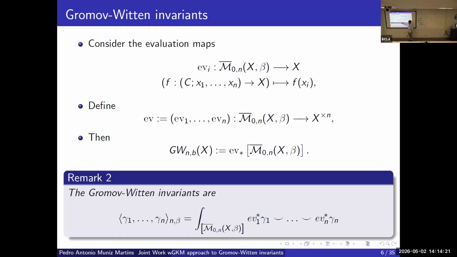Then this Gromov-Witten class is just the push forward of the virtual fundamental class that I showed you earlier. In this way, we can recover the usual definition of Gromov-Witten theory that you have in a lot of books. It's just the integral over this fundamental class, where the projection is the evaluation maps. You just pull these forms back to the moduli space, and you have the product.